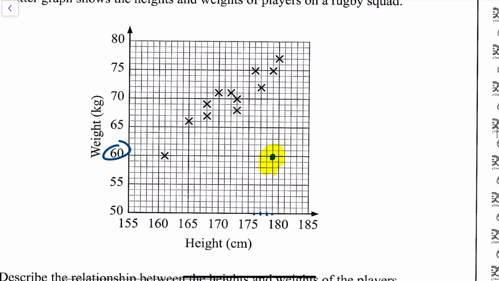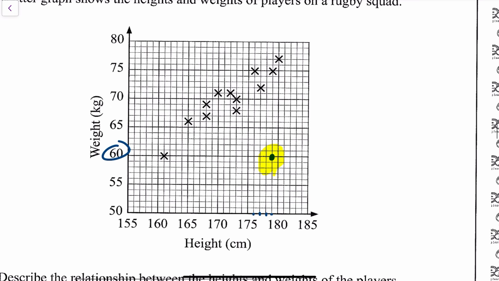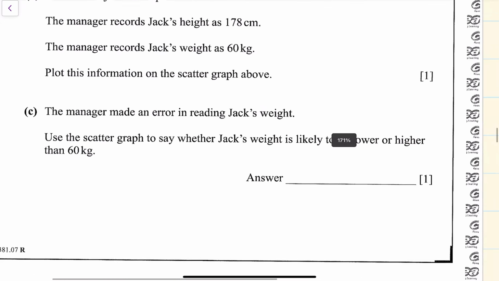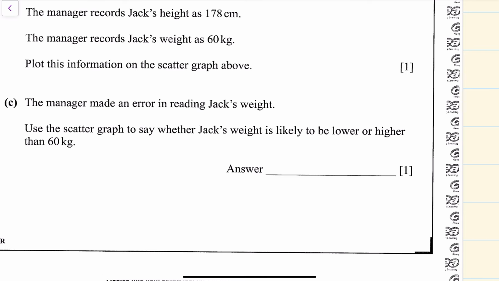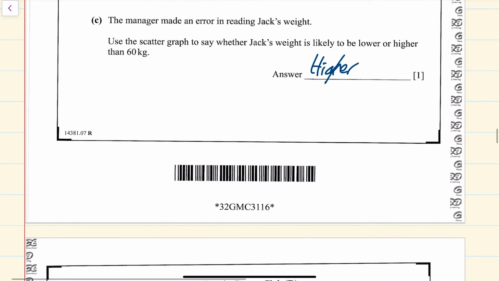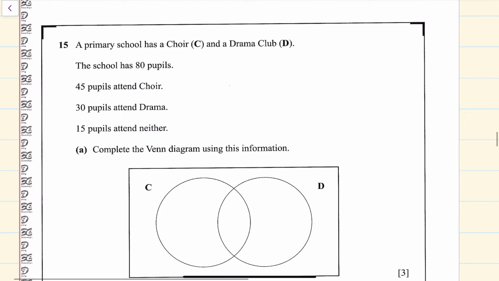So I would imagine he would be a lot heavier, because if Jack is this height, I would imagine he's more up around here. Okay, that would be my thinking on it. So I would say it is higher. We don't need any explanation. They haven't asked for any, thankfully. So we can just go, it is higher. Right, good. We didn't need a ruler at all.